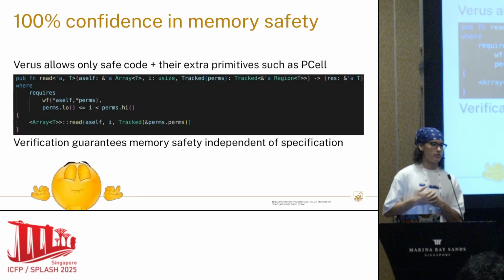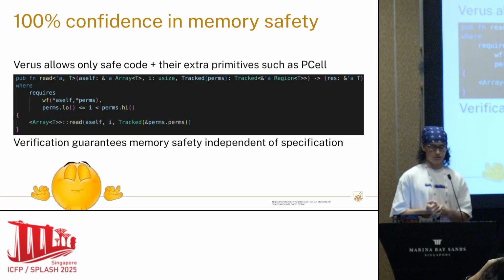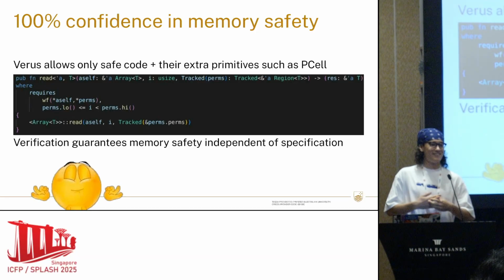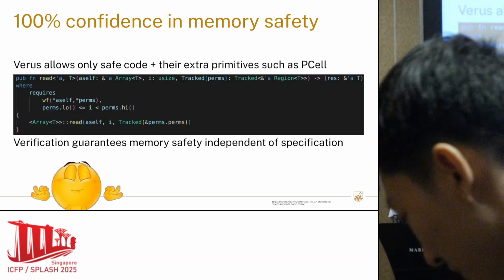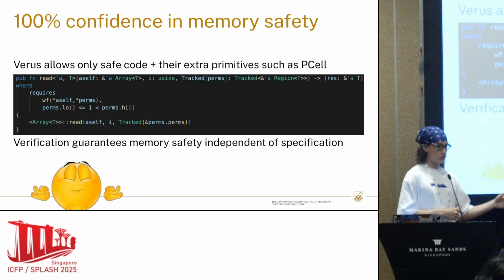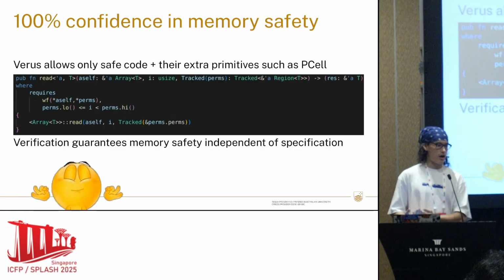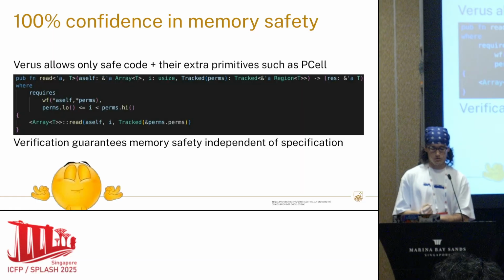So it might happen that my merge sort doesn't sort, that's possible. But it's not possible that it does it unsafely. So if it shuffles the bits around, it still does it memory safely. I don't prove functional correctness, but it doesn't matter what specification I give to my merge sort, it still will be memory safe. That's important.